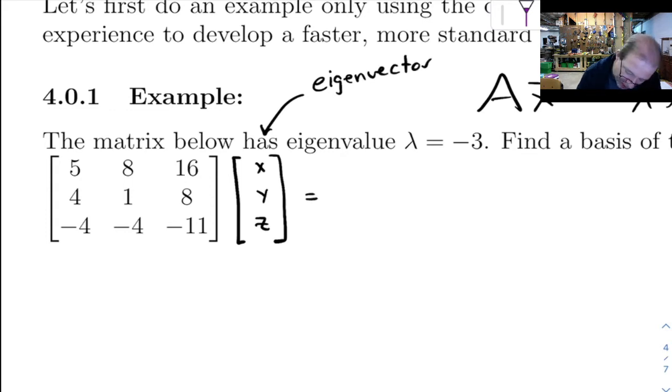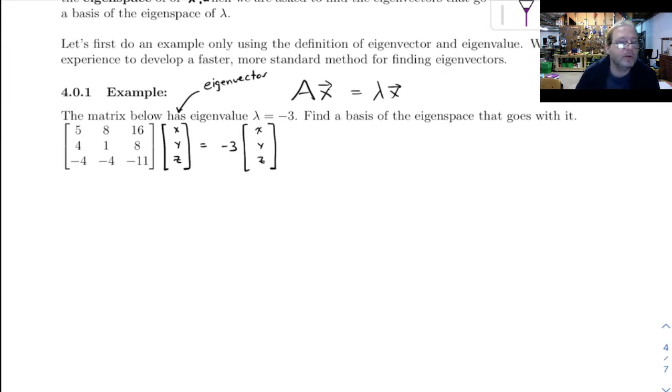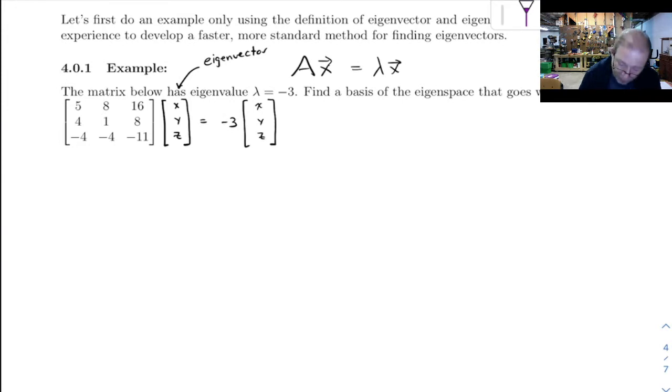If we multiply that by this, it's the same as taking x, y, z and multiplying it by the eigenvalue, which is -3. So I'm going to multiply this out and multiply this out. Multiplying this out over here gives me 5x plus 8y plus 16z.